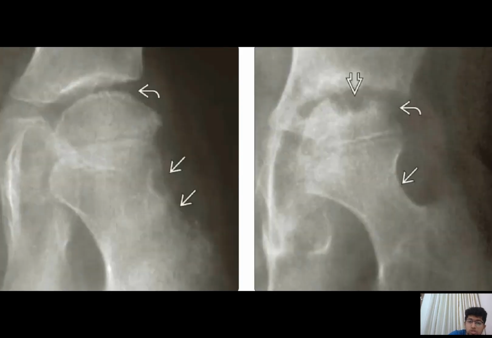This is one more case which is showing mild reduction in the joint space because of the cartilage destruction. Also, there are some erosions shown by the arrow. At 1 year later, this patient develops more erosions, more reduction in the joint space. Also, if you see, the neck erosions have become smoothened and there is a narrow neck.